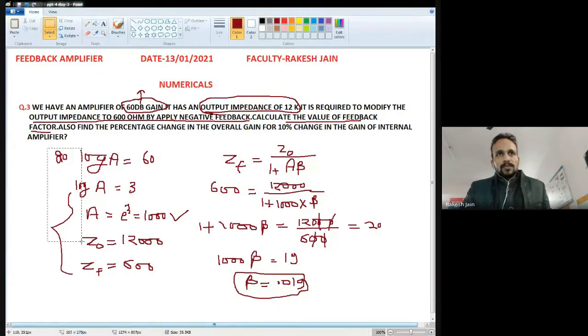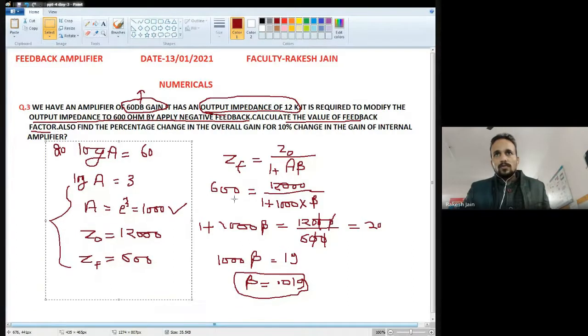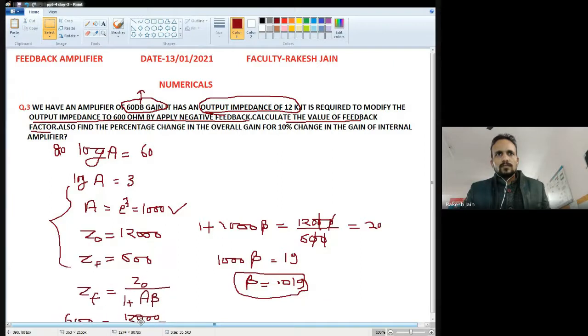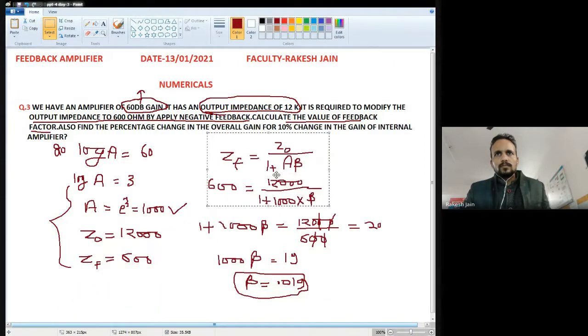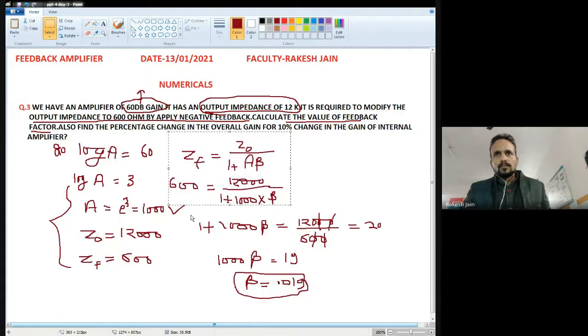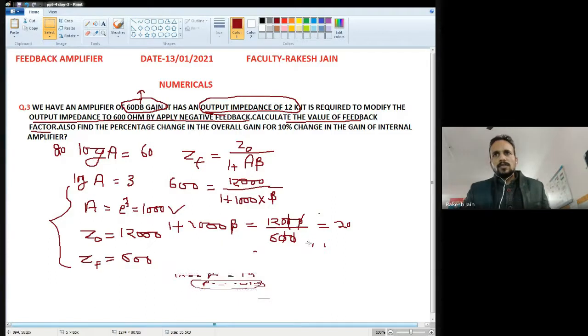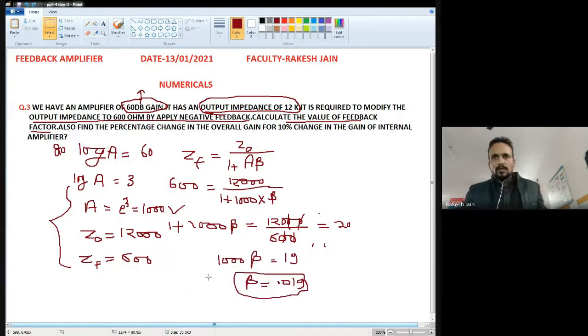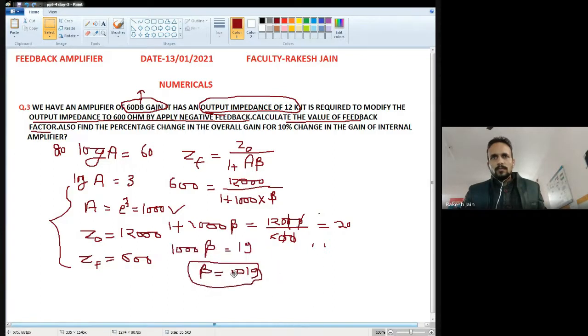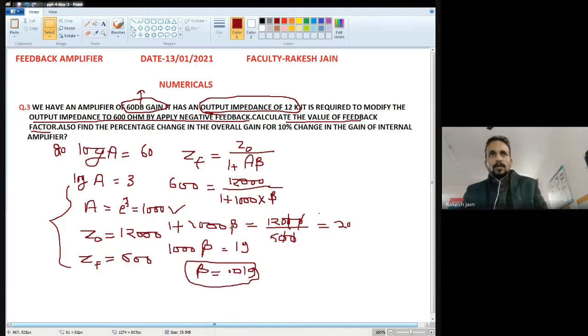Because some other terms are also being asked, we have to solve the complete question. So this is answer number 1.